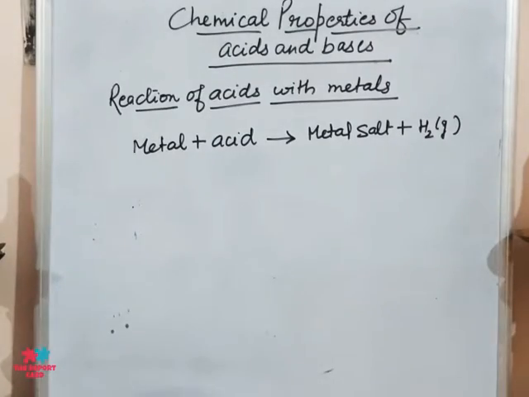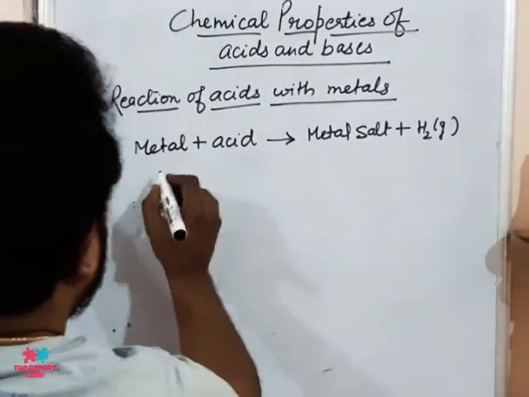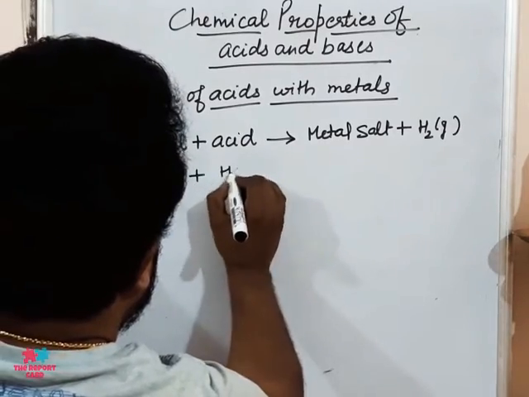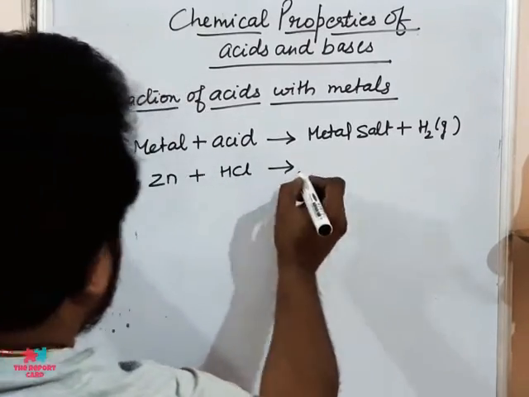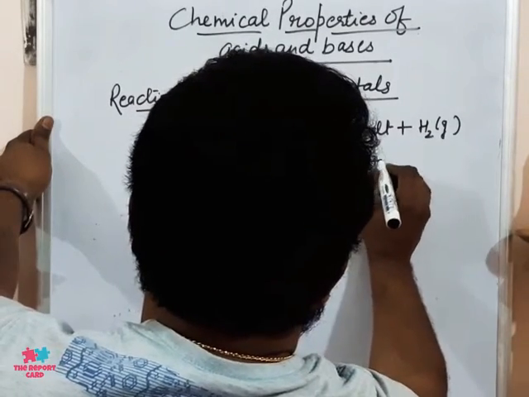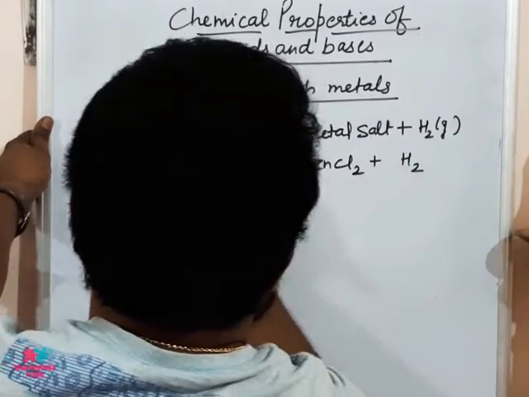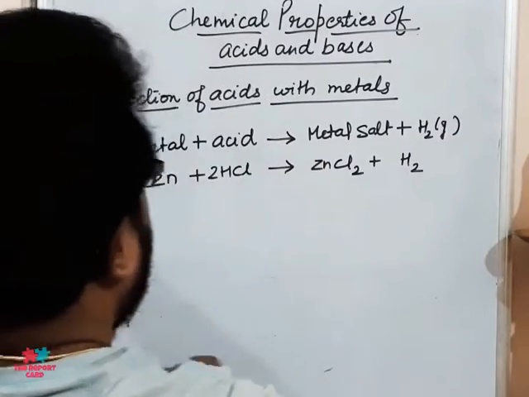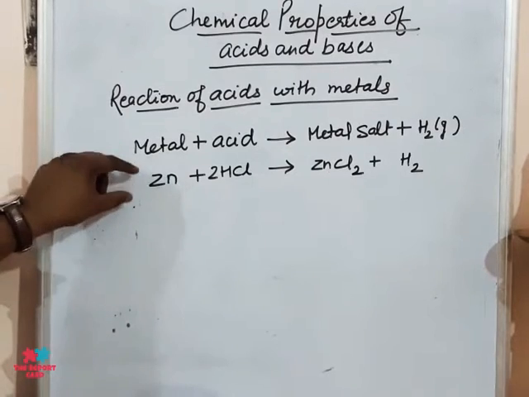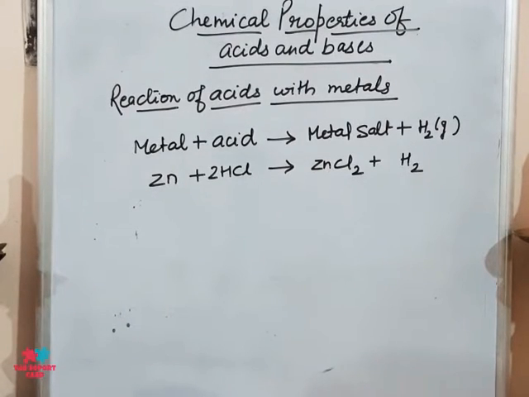So for example, zinc plus HCl will give you ZnCl2 plus H2. You just need to balance it. So this is one example when a metal reacts with an acid.